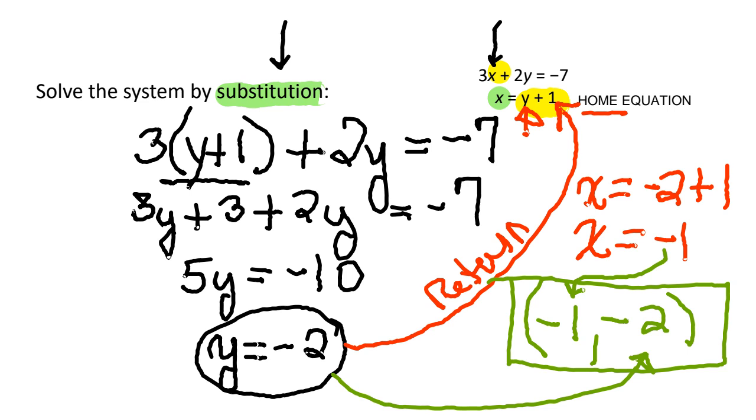I'm using my non-home row. 3 times negative 1, 2 times negative 2 gives me negative 7. That means that this solution of negative 1, negative 2 is correct.